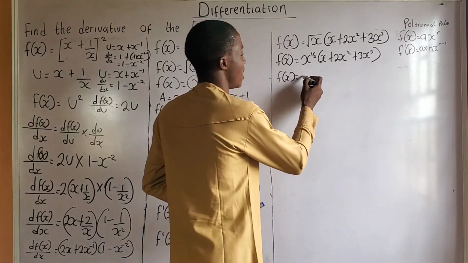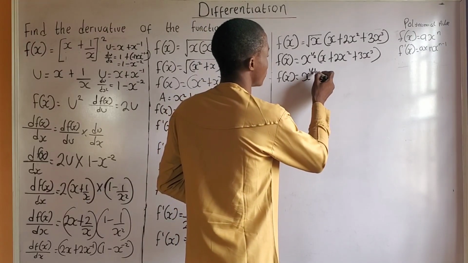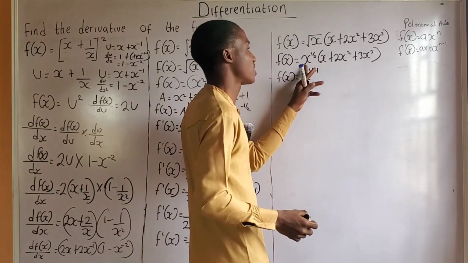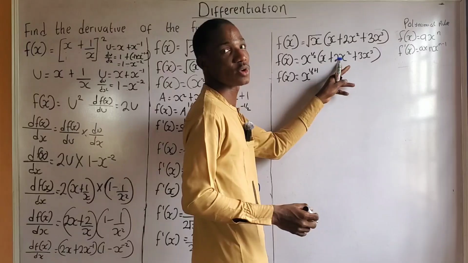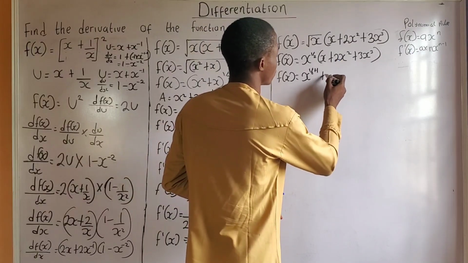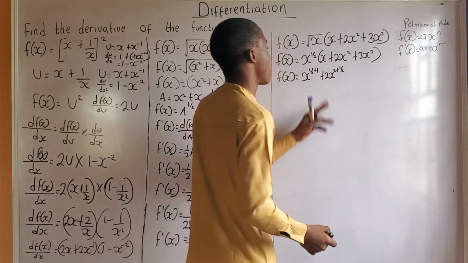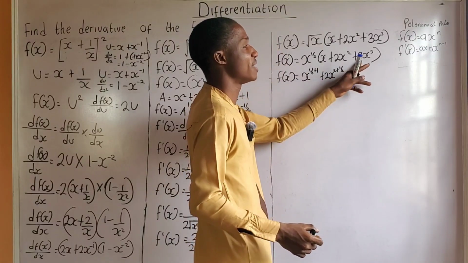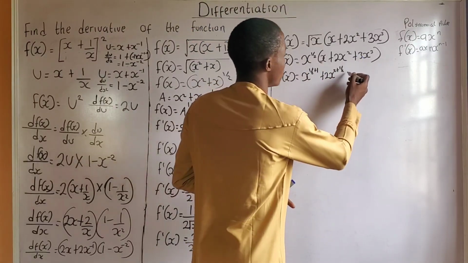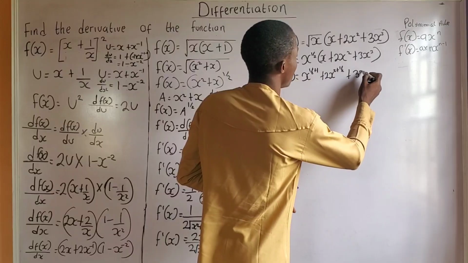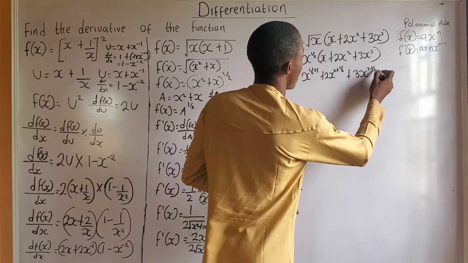I'm going to have x raised to the power of half plus 1, okay? Now, x raised to the power of half multiplied by plus 2x squared. I'm going to have plus 2x raised to the power 2 plus half, right? Then x raised to the power of half multiplied by 3x cubed. I'm going to have plus 3x raised to the power of 3 plus half.